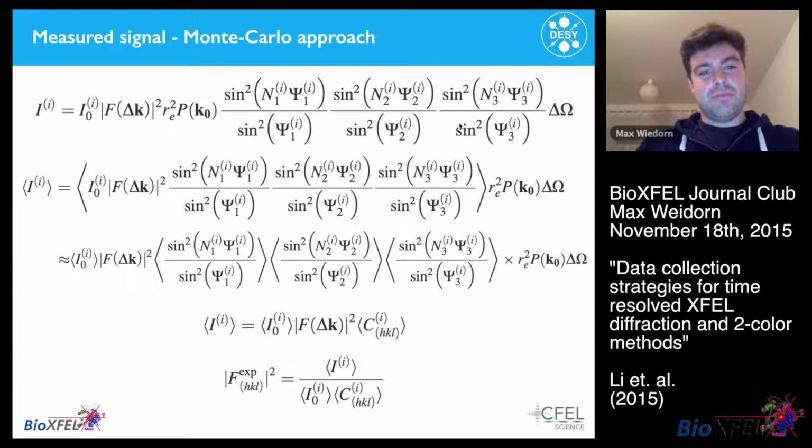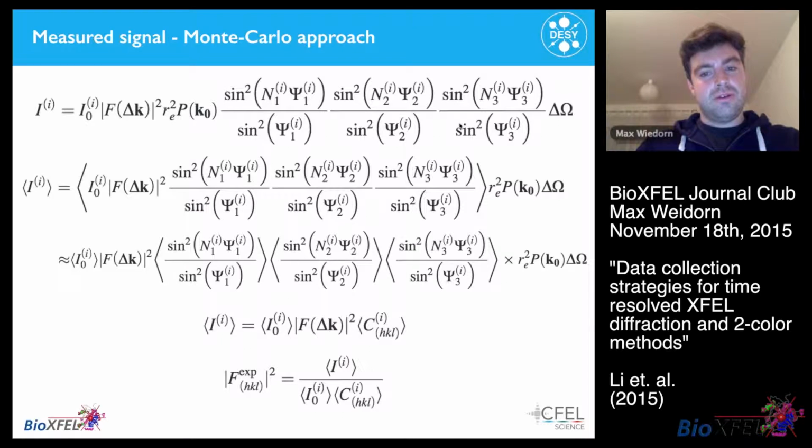To make that a bit more accessible, you do an approximation where you average over all the single things individually. So the average scattered intensity depends on the average intensity of a shot, your structure factor, the average shape transform in all directions, the polarization factor, and so on and so forth.